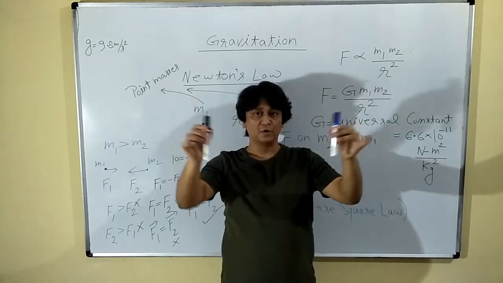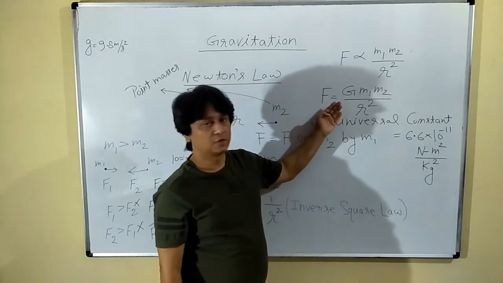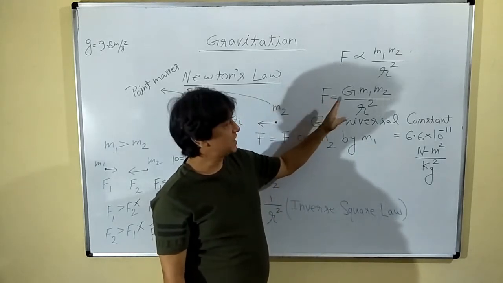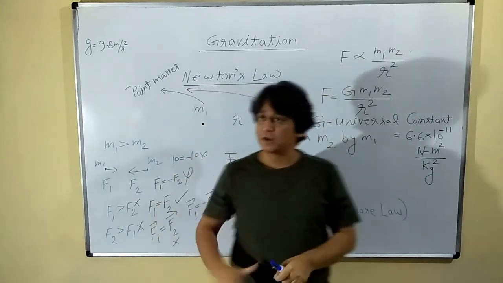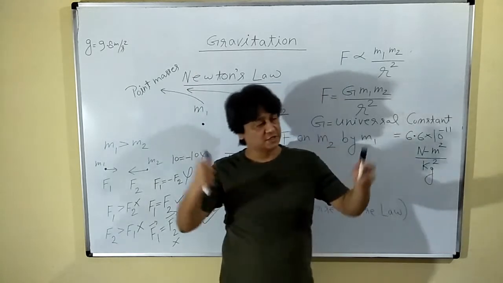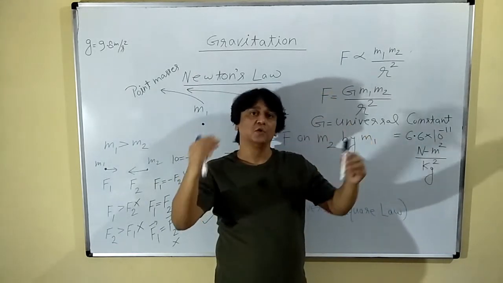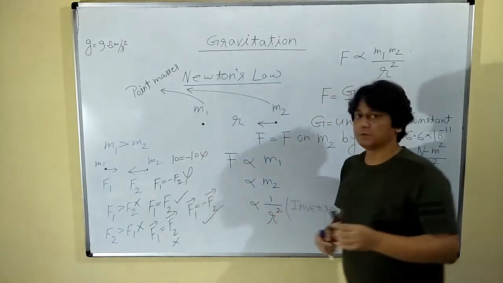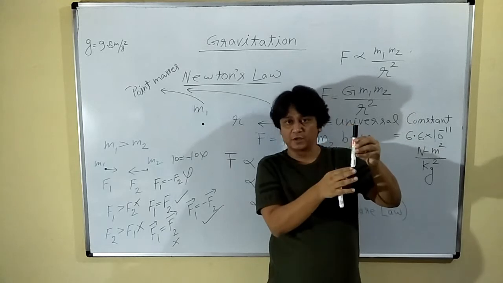And therefore, for these two cylinders, we cannot use this formula, which is G m1 m2 upon r square, and this formula is valid only for point masses. तो फिर इस तरह की line masses के लिए हम क्या करते हैं? We'll see that later. This marker is made up of several points.